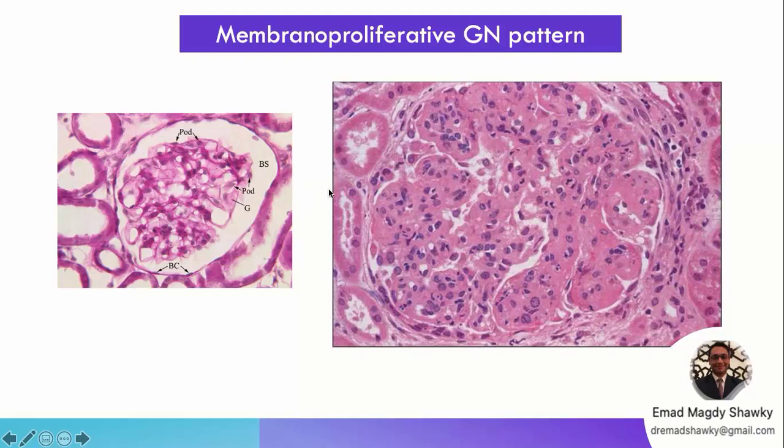Let's see here. Is this like this? No. We see here that this pinkish material is severely increased, and we cannot see any space like this space. We cannot see any open space. Those are the spaces of filtration. So suppose that this patient has multiple nuclei.